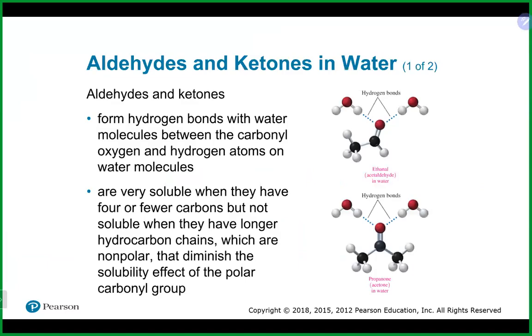All right, let's talk a little bit about some of these properties of aldehydes and ketones. So aldehydes and ketones, they can form hydrogen bonds with water, and it's through that carbonyl group. Once again, that carbon-oxygen double bond is polar, which means when water comes on by, it could hydrogen bond right about there between the hydrogen from the water and the oxygen from the aldehyde or ketone.